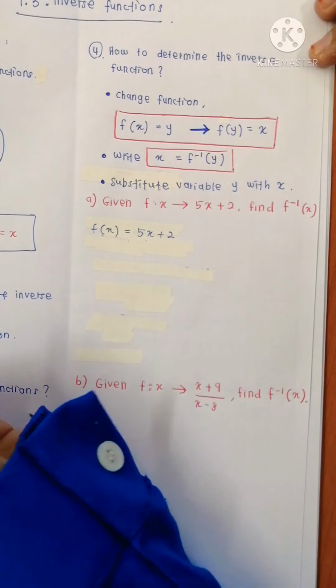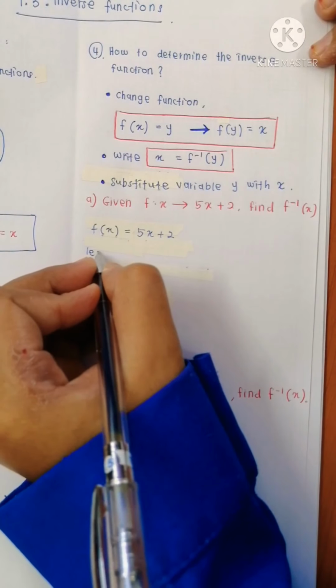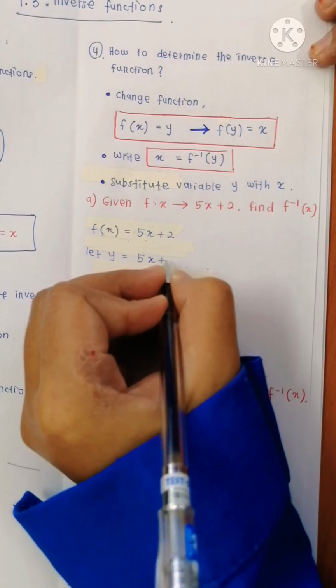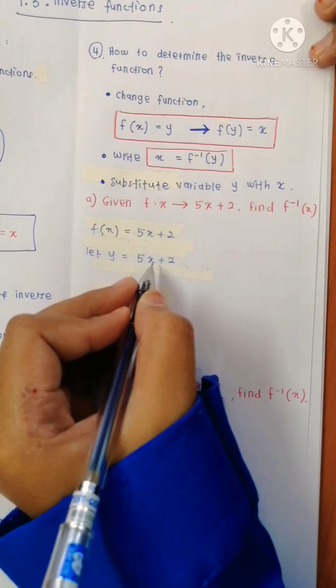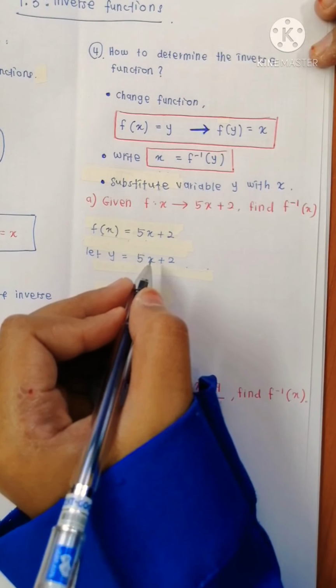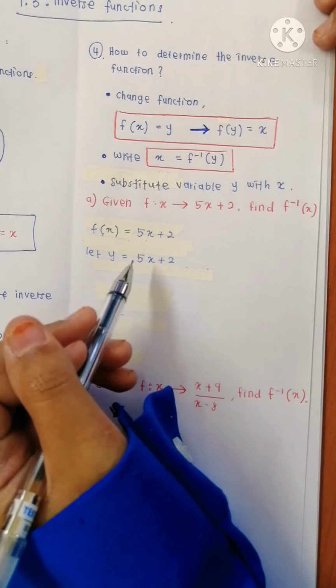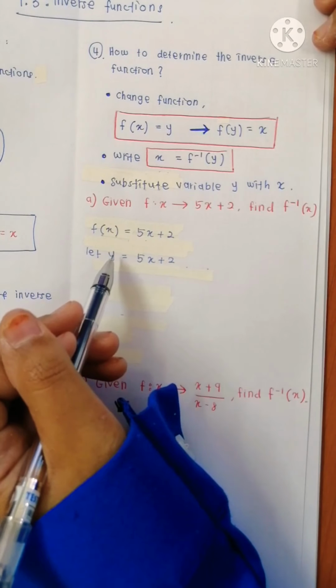If you want to change the function, you need to let y is equal to 5x plus 2, and then you need to make x the subject.